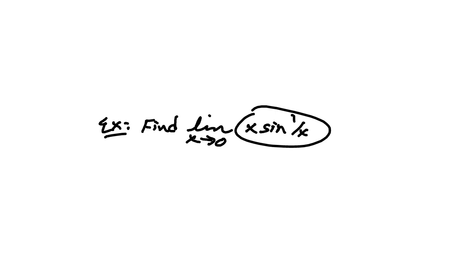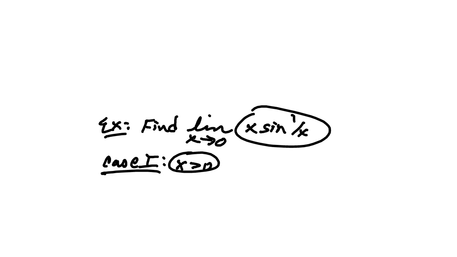So let's look at two different cases. Case 1 would be the easier case, when x is greater than 0. So when x is greater than 0, how is this going to work? We're going to do it similar to what we just did.